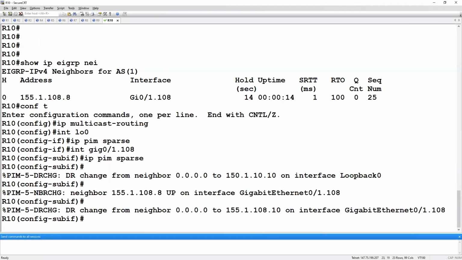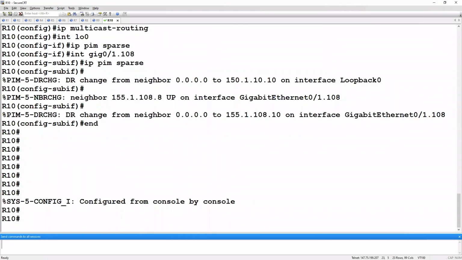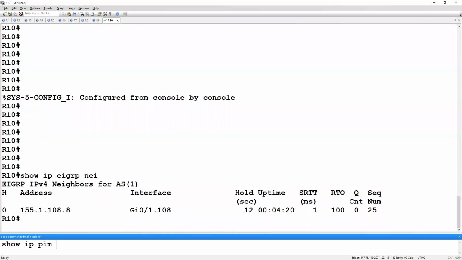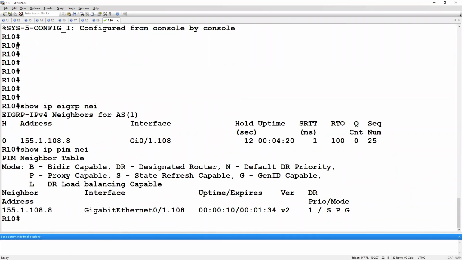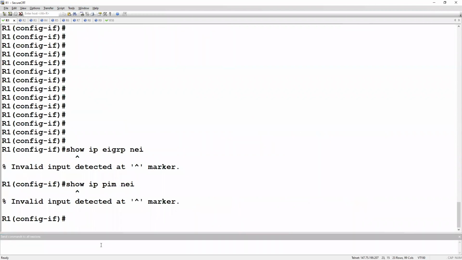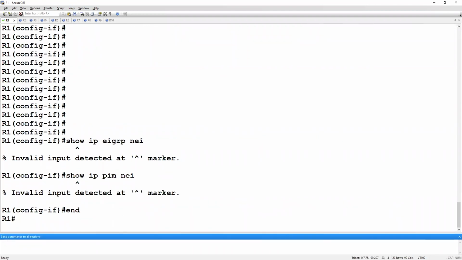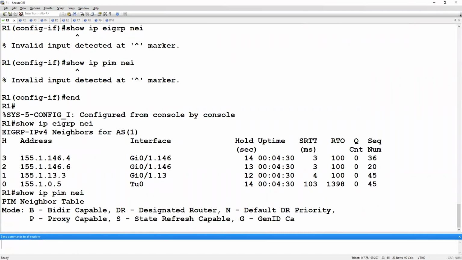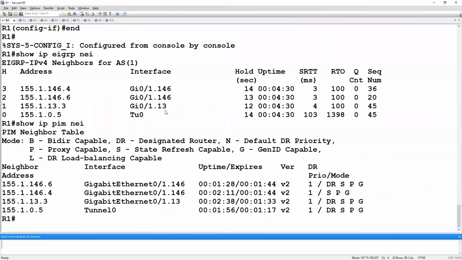Okay, so if we look at now the difference between the show IP EIGRP neighbors and show IP PIM neighbors, we should see that basically these are on a one-to-one basis. Okay, so on router 1, we have router 4, 6, 3, and 5.